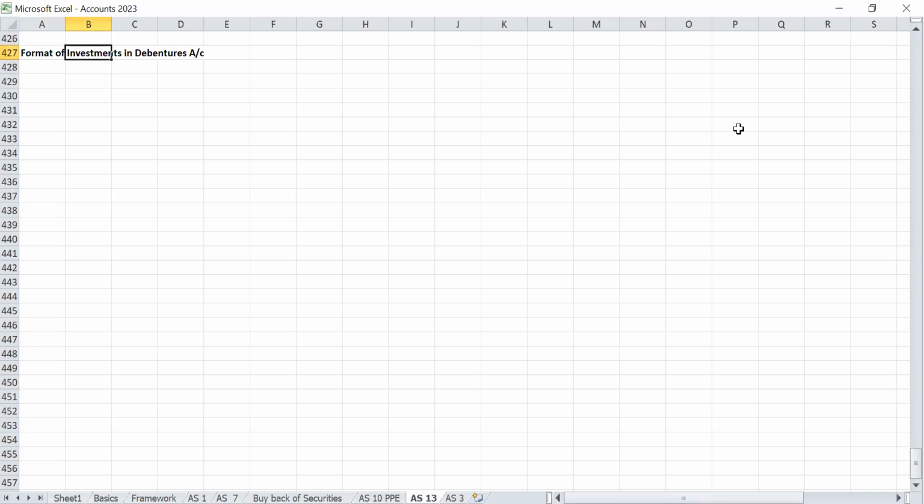Format of investments in debentures account. In the books of debenture holder, investment in percentage debentures of Limited.